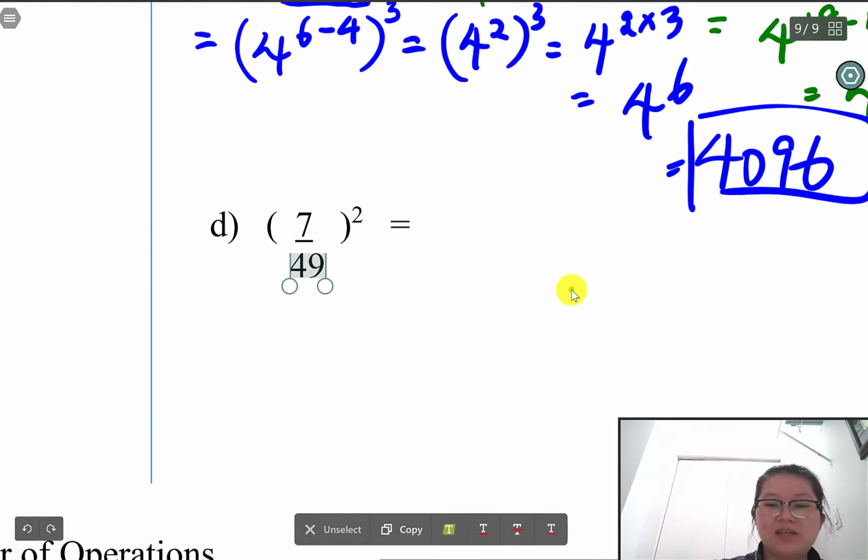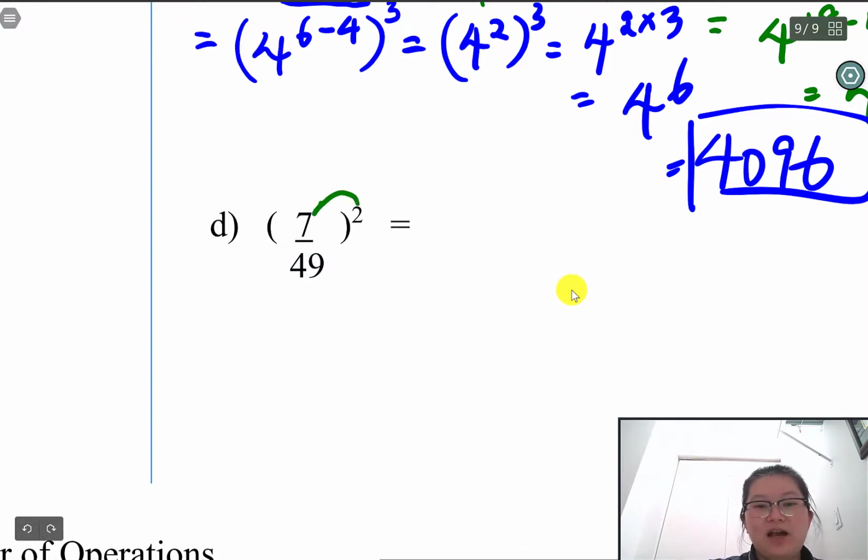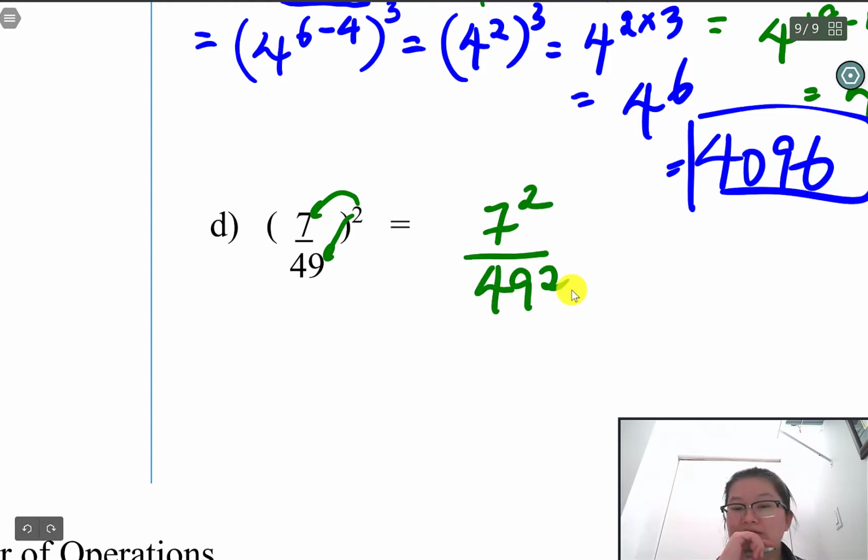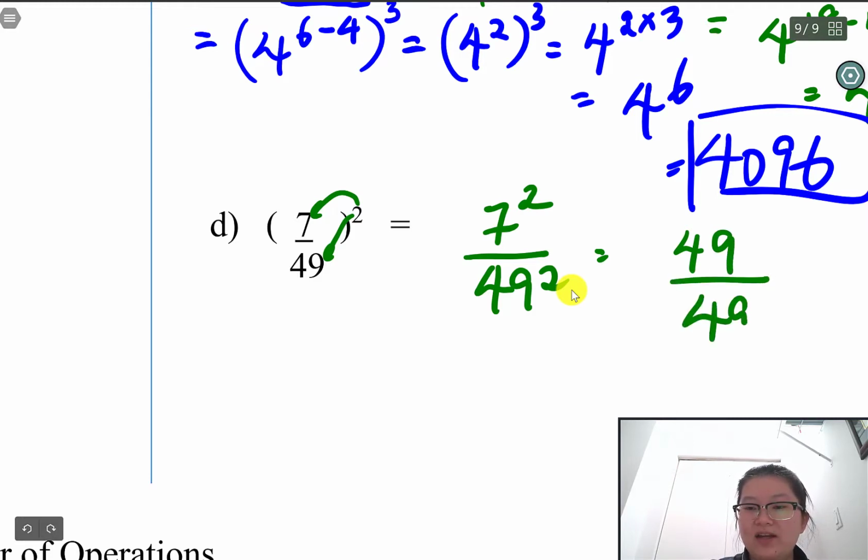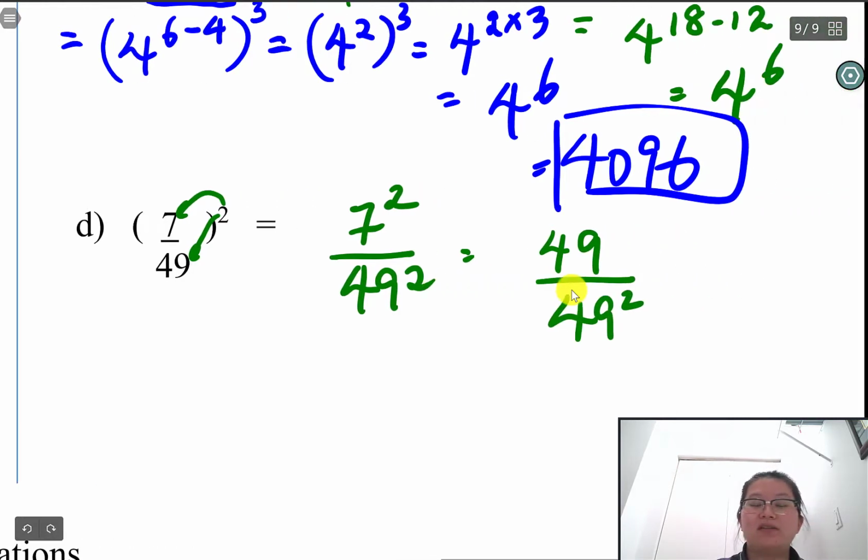Okay, next up D. Again, we have applied the 2 here. We apply the 2 here. So here we get 7 to the power of 2 and 49 to the power of 2. Then we evaluate. So we're going to get actually 49 on the top, and then we actually get 49 squared on the bottom.